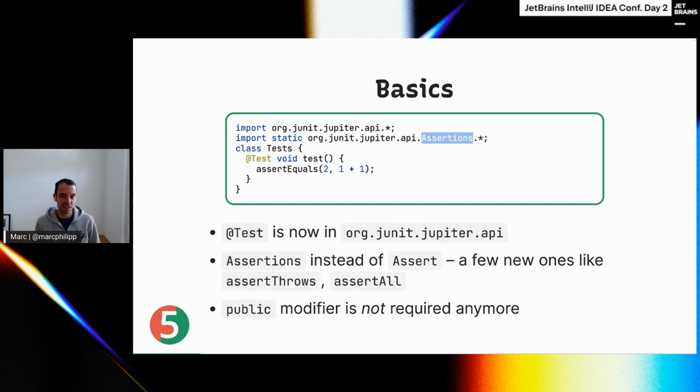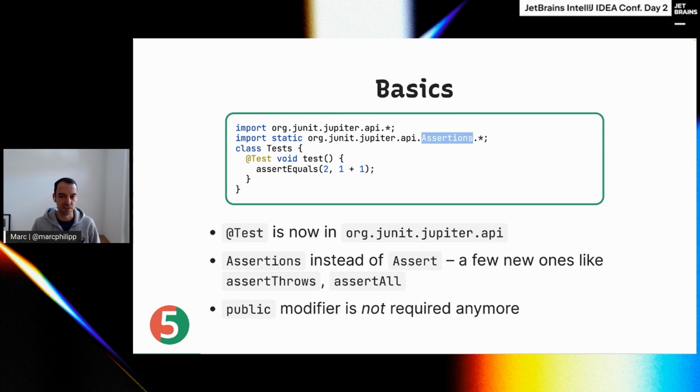You will see many of the familiar assertions in that class, but there are a few new ones, like assertThrows, where you can assert exceptions very granularly in blocks of code that you pass as lambdas, or assertAll, where you can check multiple conditions. It's not a full-fledged, super flexible assertion library. There's AssertJ, there's Hamcrest for that.